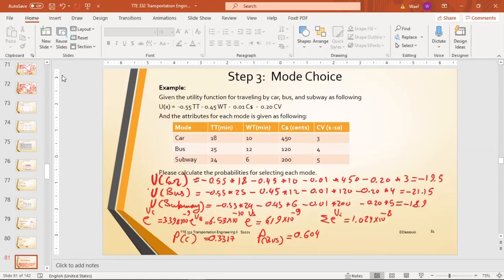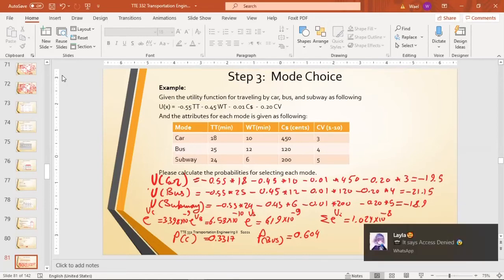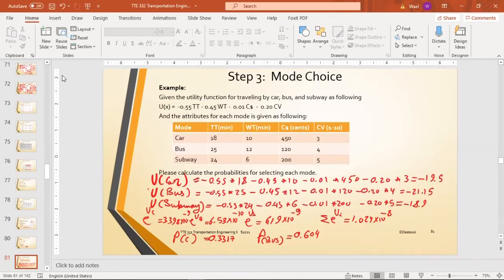Can someone please repeat this again with me or calculate with me? So the first one is correct.